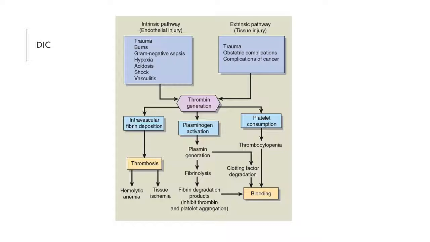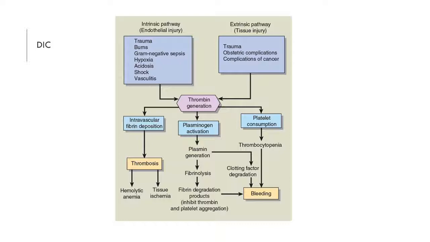After that, we have to take care of what's happening, because even though we're treating what's initially causing the problem, we still have activated this cascade. And so it usually requires us replacing the clotting components and preventing further activation of the clotting mechanisms.